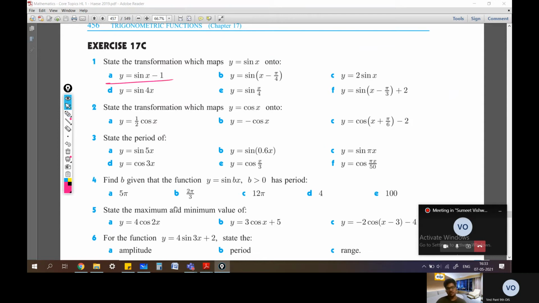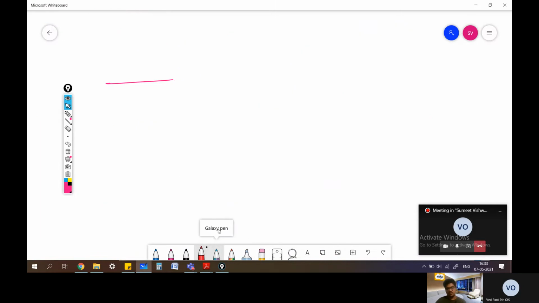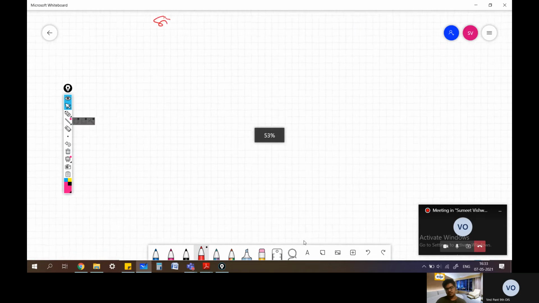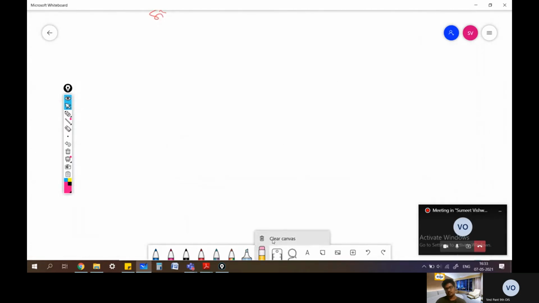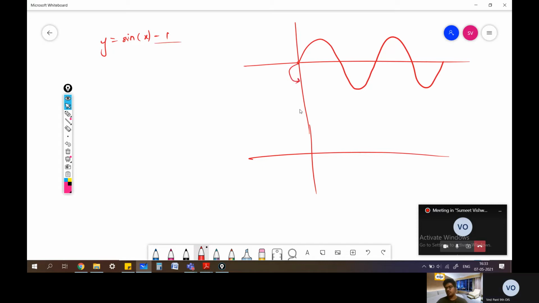Sin x minus 1. What we got here is sin x minus 1. What was sin x? Sin x was like this. Sin x minus 1 would be the function shifting towards minus 1. If this is positive 1, this is negative 1.